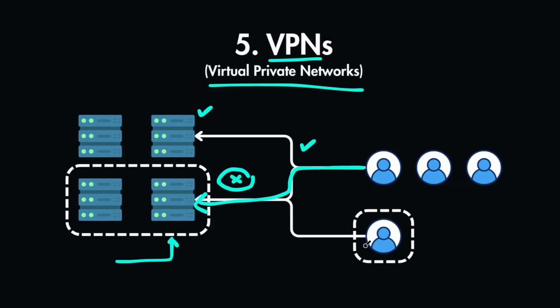But on the other hand, if you have another user here, who is within the VPN network, they can make a request to these APIs, and in this case, they will bypass the checks and their request will reach your APIs. This is useful where you have internal tools. Let's say you have an internal admin dashboard, and the API for this admin panel will only be reachable by employees connected to the company VPN.